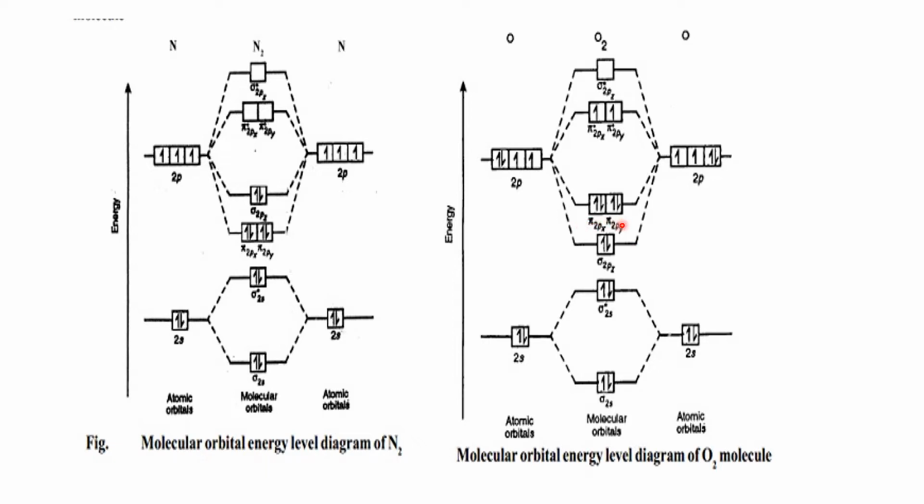That means for the oxygen molecule and the nitrogen molecule, there is a change in their configuration when we construct the molecular orbital picture. Note down the difference between nitrogen and oxygen when we draw the molecular orbital picture.